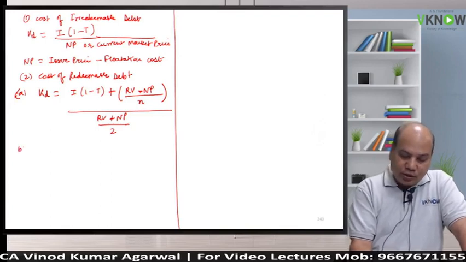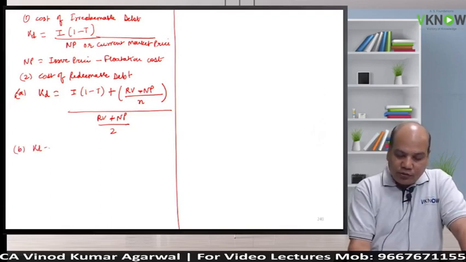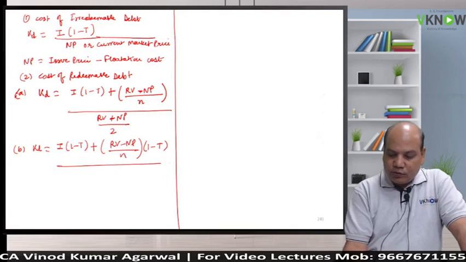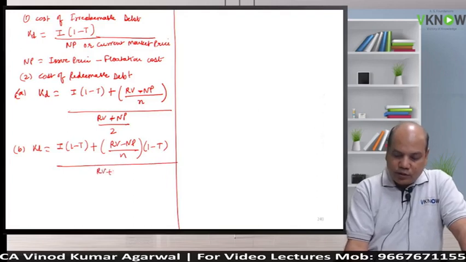And what is the second formula? KD is equal to I into 1 minus T plus RV minus NP upon N, this also into 1 minus T, divided by RV plus NP by 2.